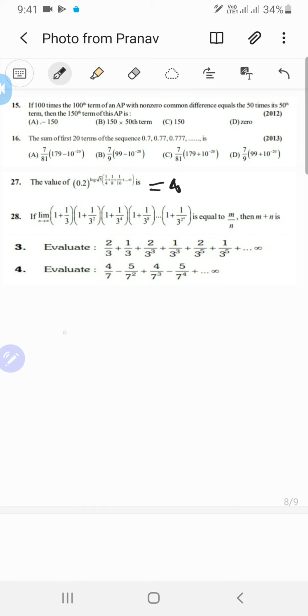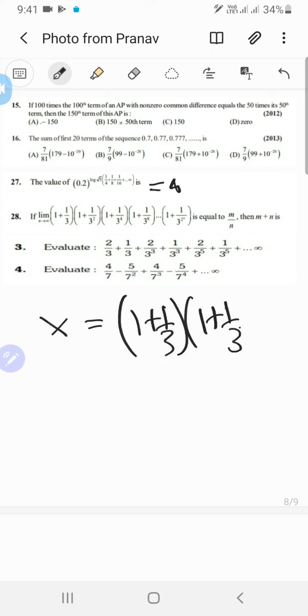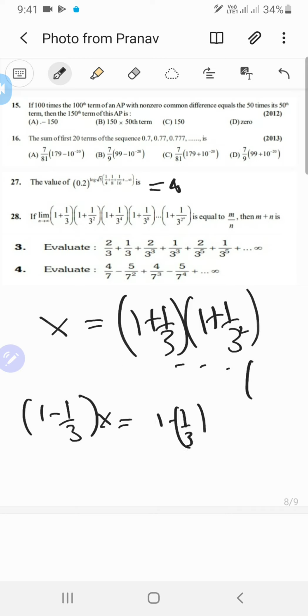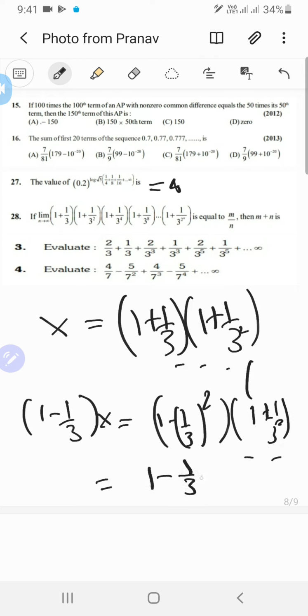Okay, so suppose this is equal to x. Let's call this x: 1 plus 1 by 3, 1 plus 1 by 3 squared, all the way, it keeps on going like that. What I'm going to do is multiply this by 1 minus 1 by 3, and it will click to you in a moment. So 1 minus 1 by 3 times this thing is 1 minus 1 by 3 squared times 1 plus 1 by 3 squared times all the remaining stuff, which is 1 minus 1 by 3 raised to the 4th power times 1 plus 1 by 3 raised to the 4th power times all the remaining stuff.